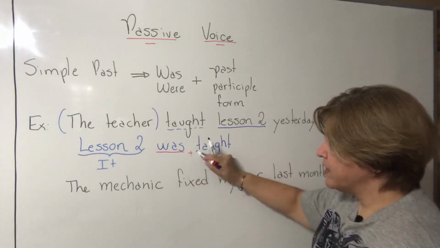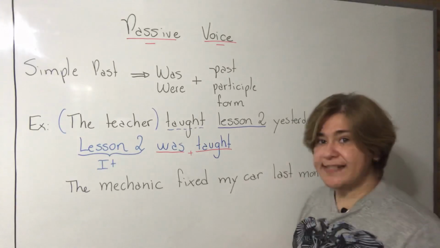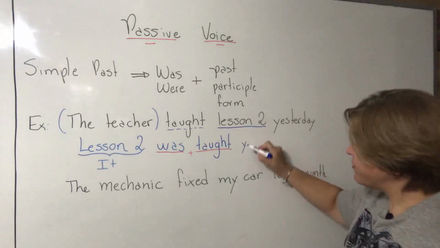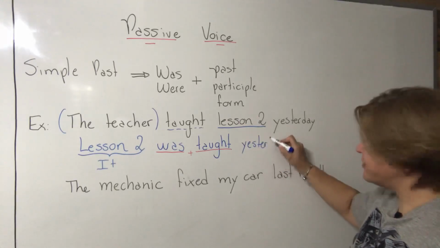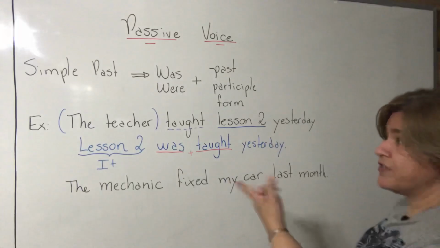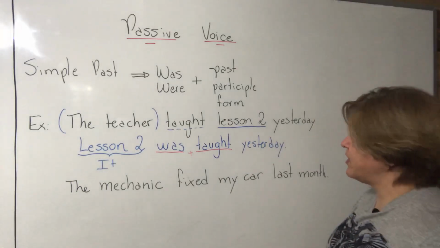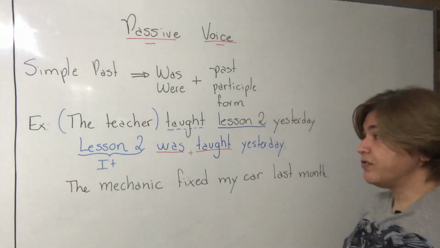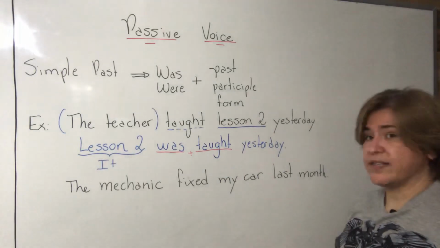Okay, so was plus a verb in past participle. And it's missing yesterday. Let me finish here the sentence. Yesterday. Let's compare the two sentences. The first one: The teacher taught lesson 2 yesterday. The new sentence: Lesson 2 was taught yesterday.